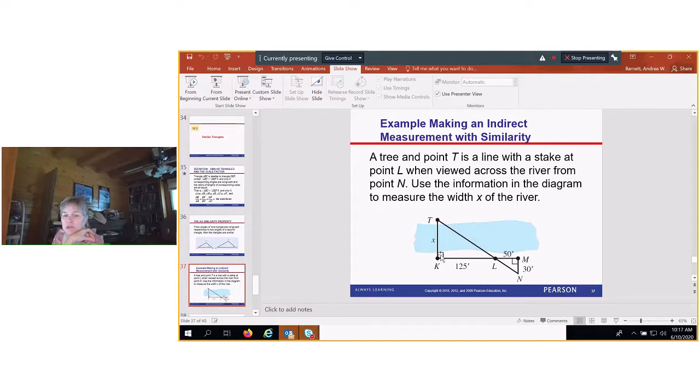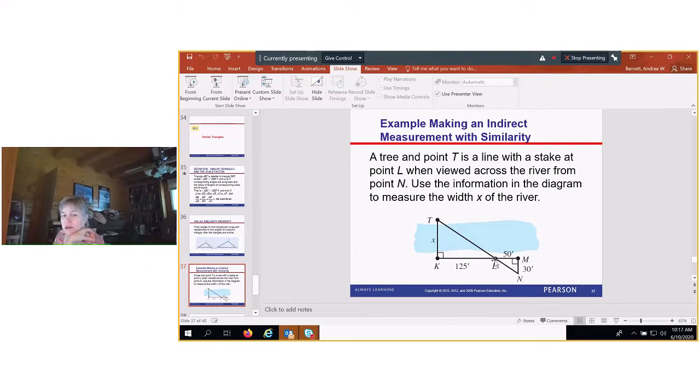So they flip these triangles, so we can't just say this one is similar to whatever one is over here. This is the 90-degree angle. So the side opposite the 90-degree angle is right here. The side opposite this 90-degree angle is LN.